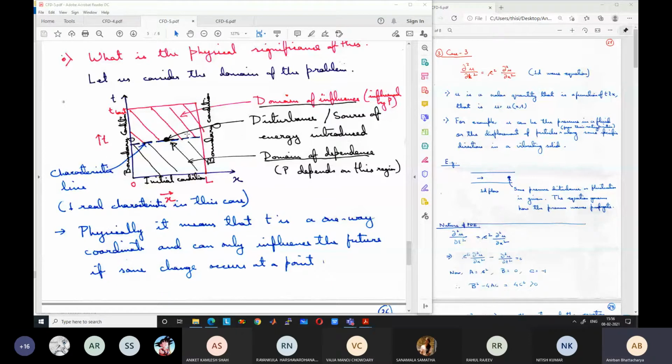So by flow of information I mean that if there is a source term or perturbation, or something has changed at some point in space and time, whether it is causing some change at some other point or not, whether that information that something has changed at this point is traveling and influencing the other point or not, that is what I mean. Is it clear, or shall I repeat again?